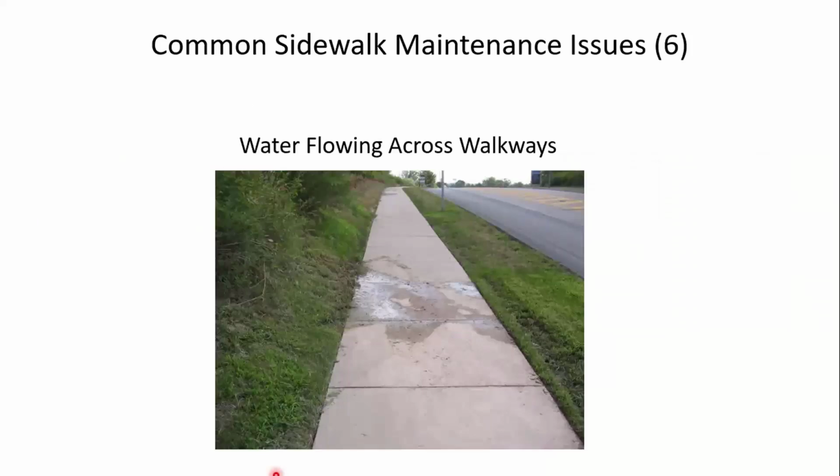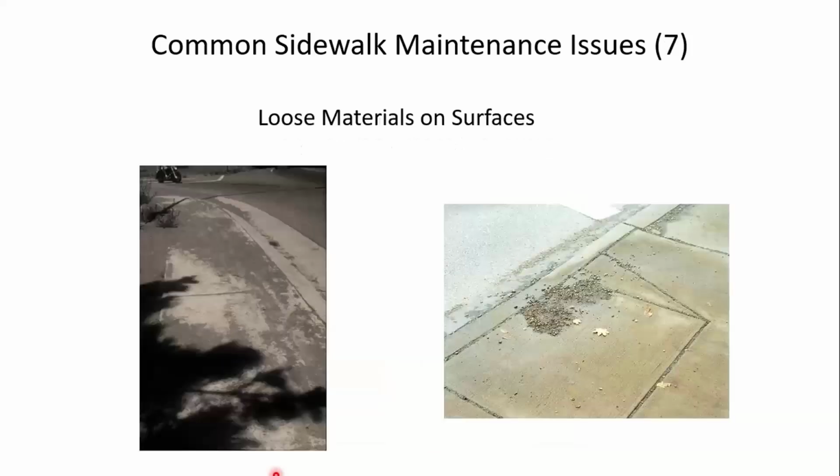Another common issue in some parts of the country, water flowing across walkways. We get algae growth in warm climates, or here it looks like some mud and silt has been carried across the sidewalk, or at least part of the sidewalk, and that presents a slip and fall issue. Likewise, loose materials on surfaces.